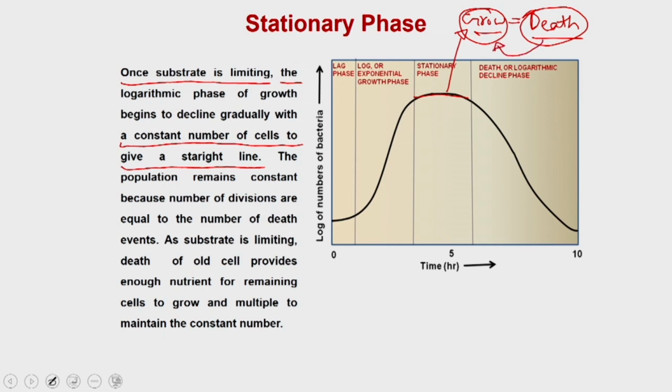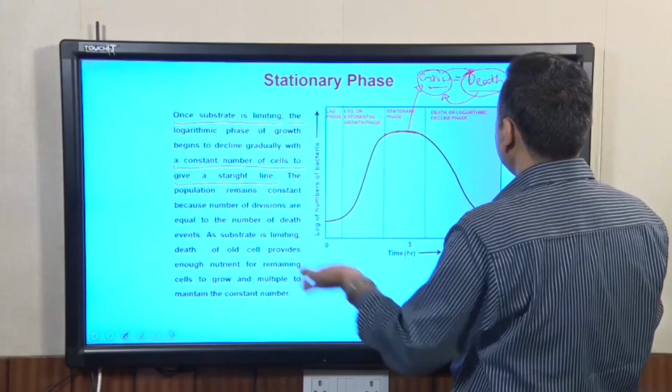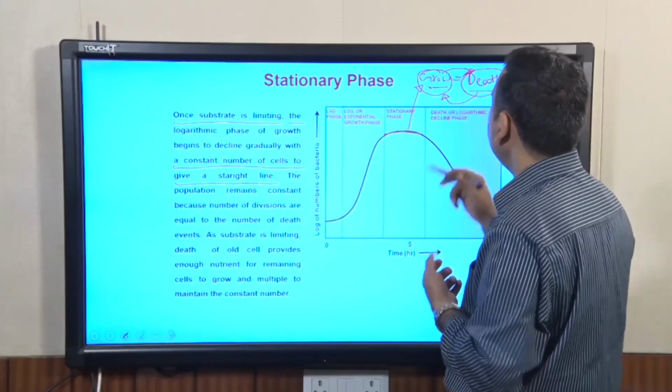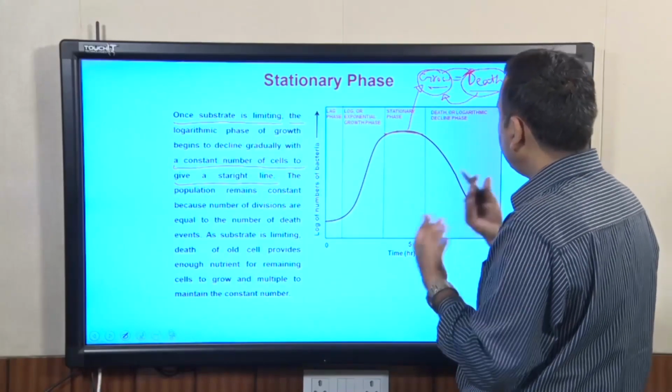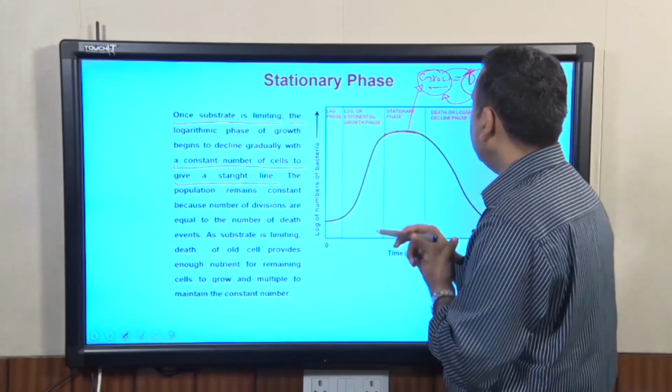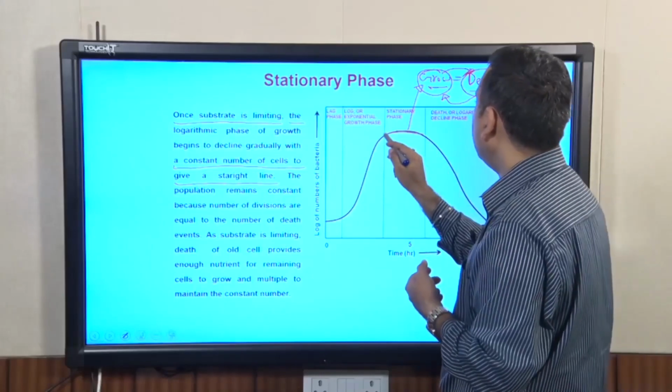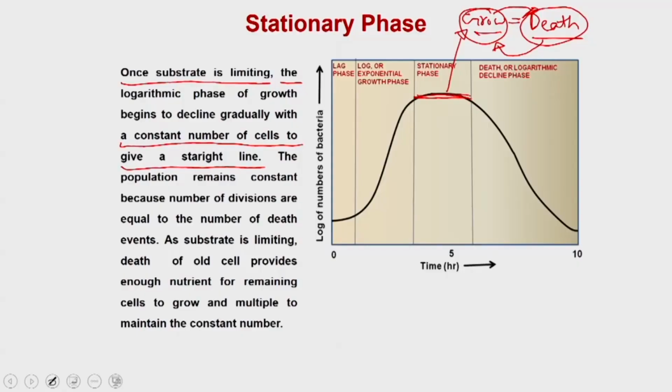And why is that required? Because the bacteria which die release nutrients, and these nutrients are used by the remaining bacteria for their growth, and that is how this cycle continues. The older bacteria will die and release the nutrients, and those nutrients will be used by the new bacteria, and that gives you the stationary phase, which means the number of bacteria in a colony will remain constant. That is what is written here, that the population of the bacteria colony will remain constant, okay?